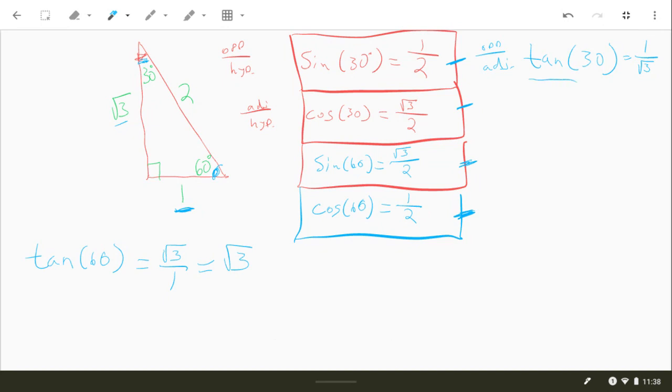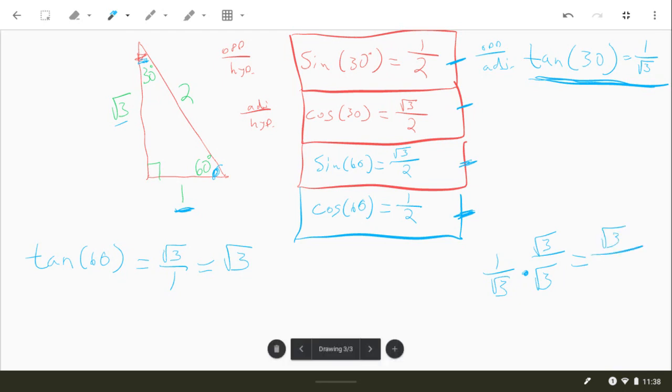Now, this one over here, I'm going to simplify. Instead of leaving it as 1 over root 3, we're going to rationalize that denominator again. We multiply top and bottom by root 3. You get root 3 on top, and on the bottom, root 3 times root 3 is equal to 3.